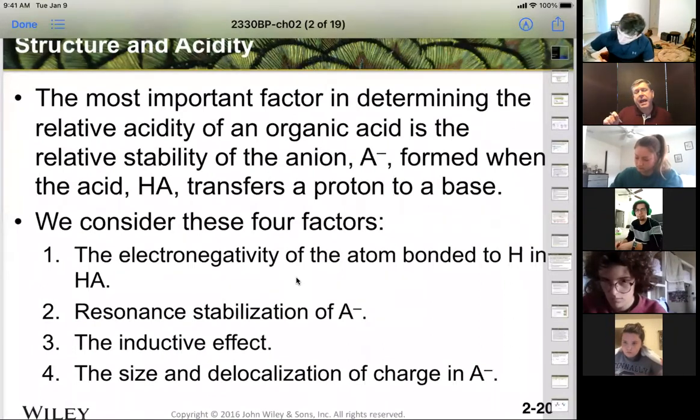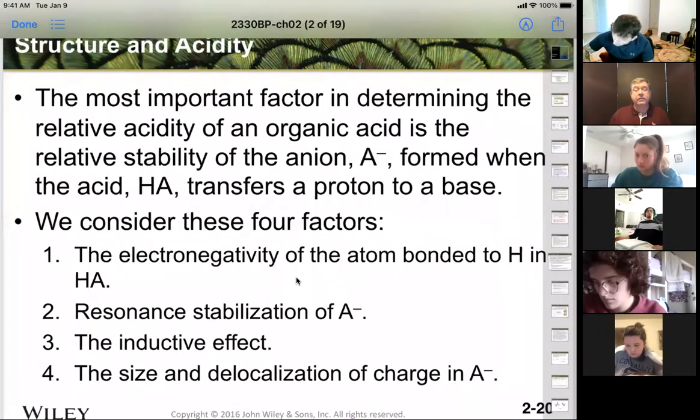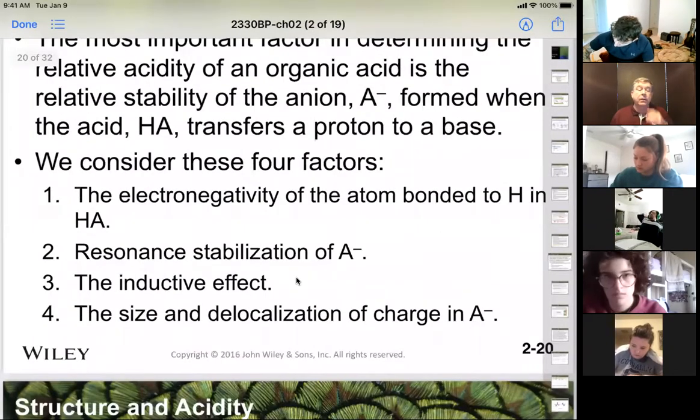So not the atom bonded onto the hydrogen, but the atom bonded 1 or 2 or 3 bonds away from that hydrogen. There's an inductive effect. It can pull through those sigma bonds and change the acidity of a system. And then the last thing is our size and delocalization of charge.